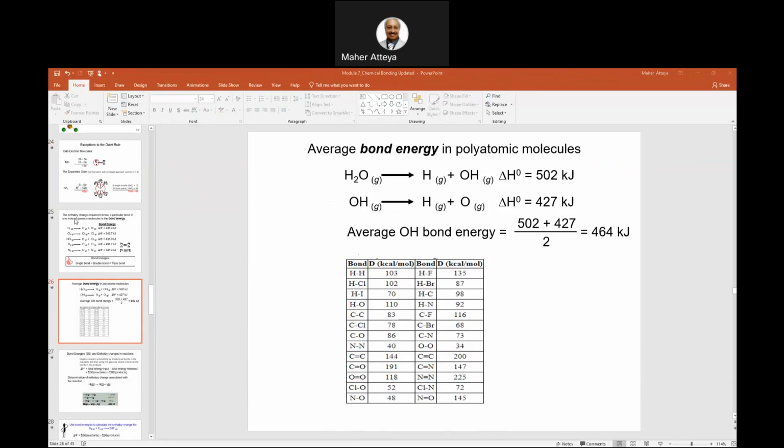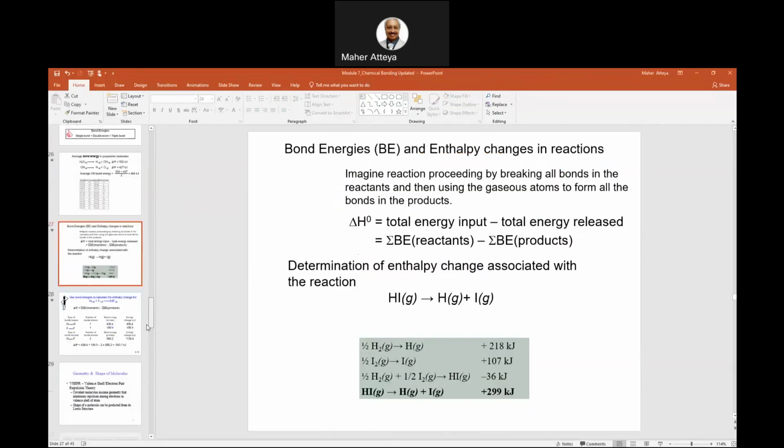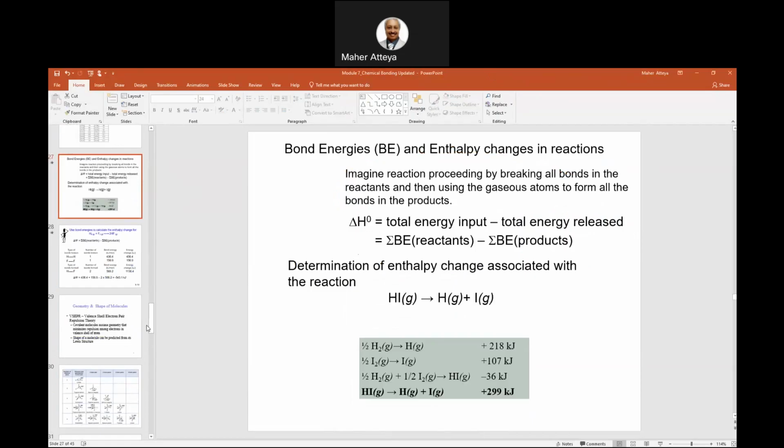First, you break H2O, and then second, you break the OH. So two processes, you have to put energy into both. The average is for both processes, and this is the average bond energy when you break those bonds. Again, you don't have to memorize this. If it's coming, it will come inside the exam. It has to be given to you here.